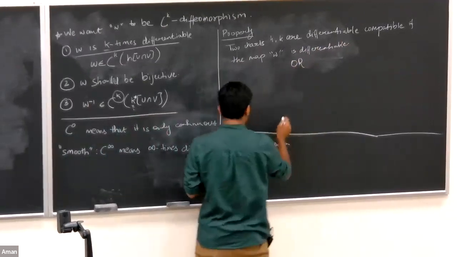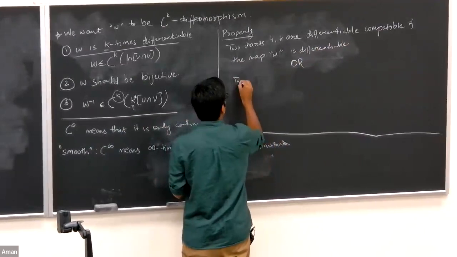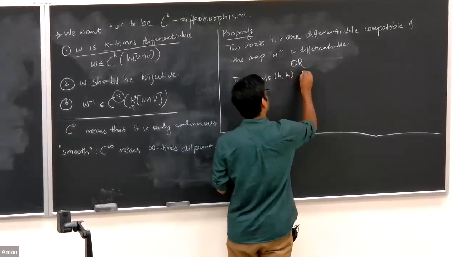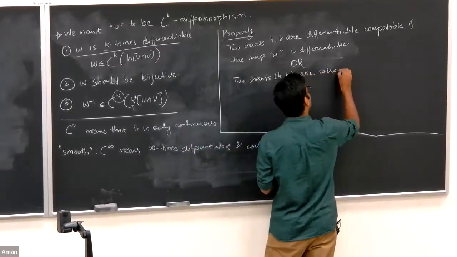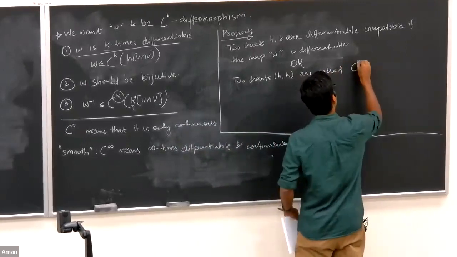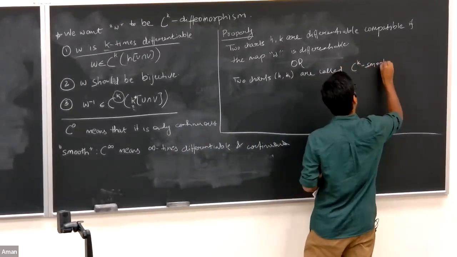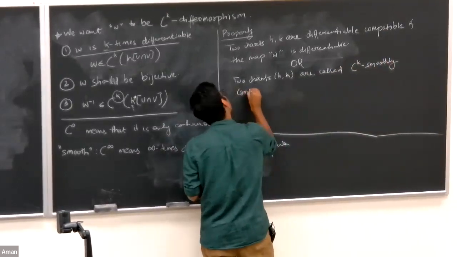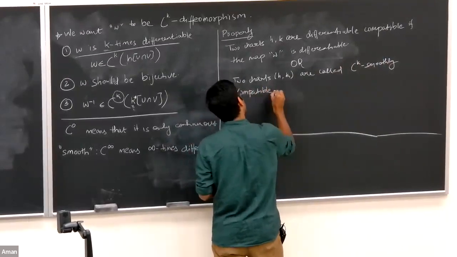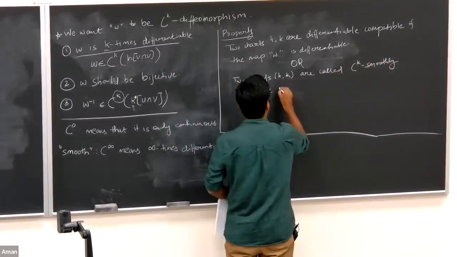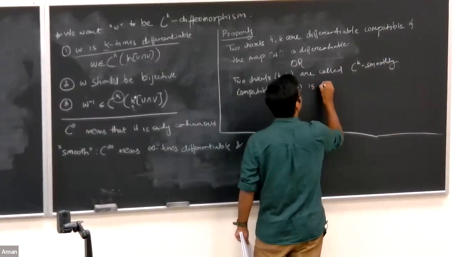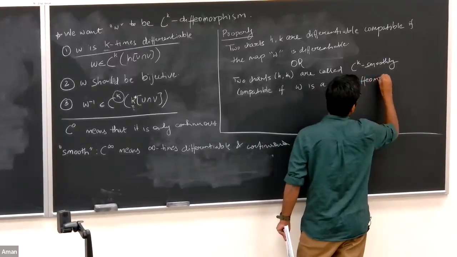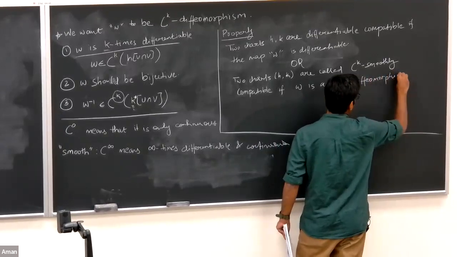This can also be written as: two charts h and k are called C^k compatible if omega is a C^k diffeomorphism.